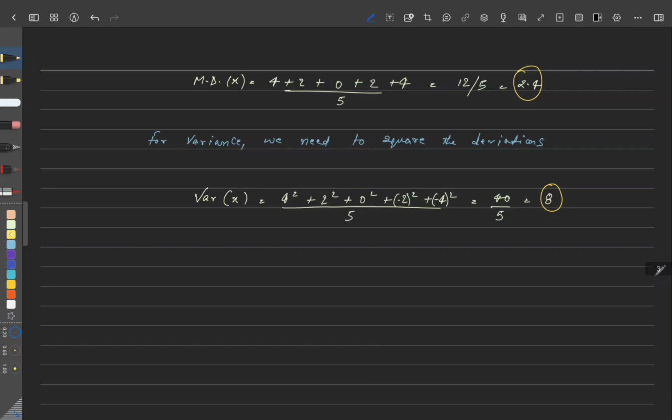So this still doesn't answer your question, right? Why square the deviation? How did squaring really help?